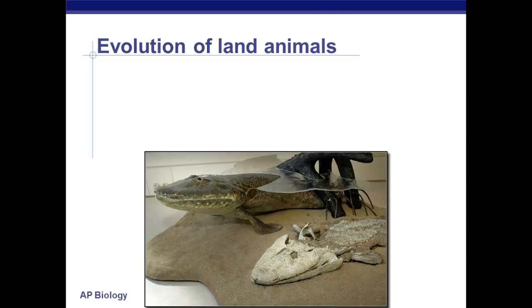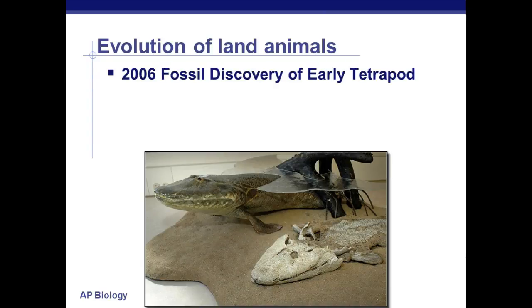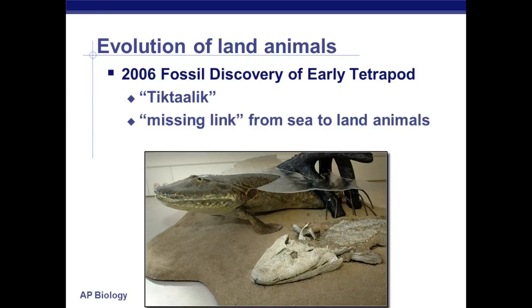How about going back even farther to the evolution of land-dwelling animals, the earliest tetrapods, organisms that walk about on four legs? Well, this was an area of evolution that was not widely understood. There weren't a great deal of fossils from that era until 2006 with the important discovery of a fossil called Tiktaalik, named after the site in Canada where it was discovered. Tiktaalik is sometimes considered a missing link from sea to land animals.